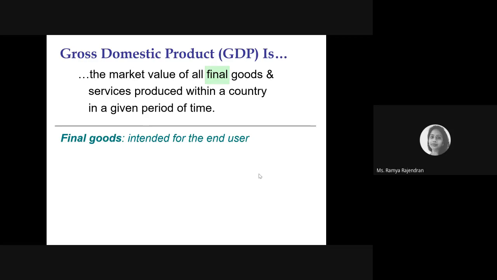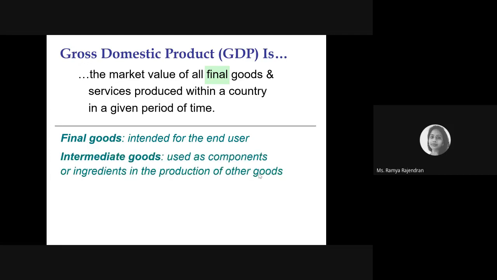In this case, the thread manufactured out of cotton is not a final good, because it goes to another company where it will be processed more, and the end product is a shirt. So the income the manufacturing company got from selling the thread will not be computed. You only take care of the final goods and services value here.